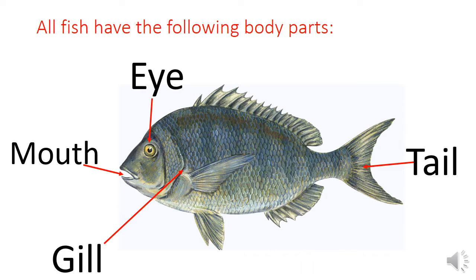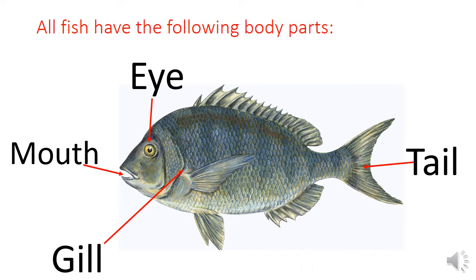And each part is used to allow this fish to stay alive. The eye in order to see, the mouth in order to eat, the gill in order to breathe, and the tail in order to move. And as you see, the gills are located on the side of the fish head.